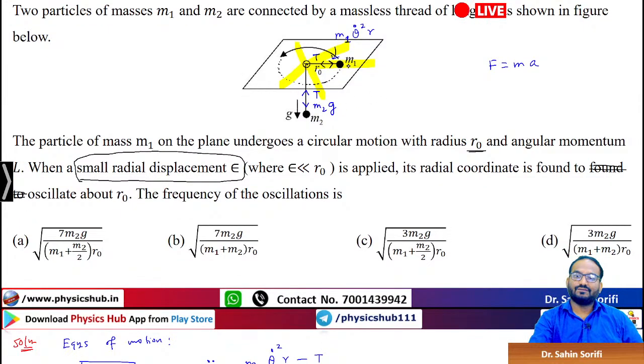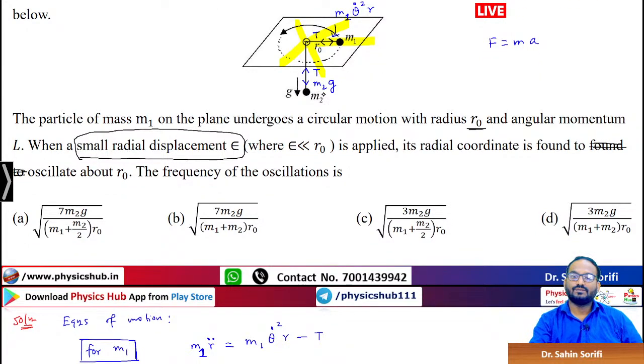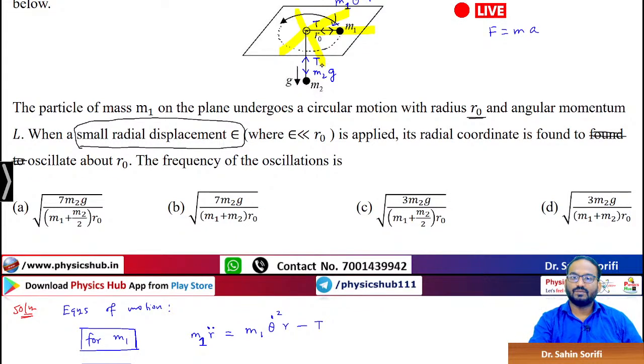Once again, if m1 is effectively going outward, the tension in the string will be greater, and that is why it is maintained in this position, otherwise it would have come down.